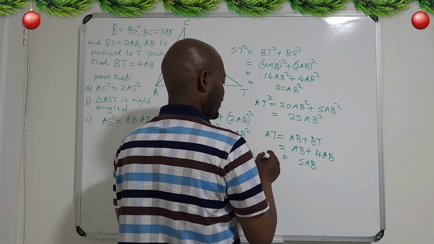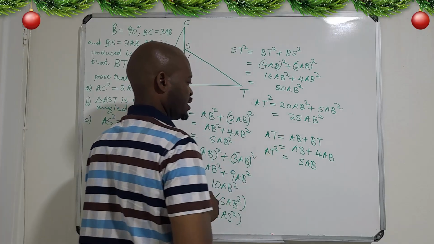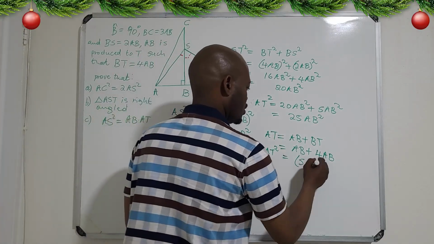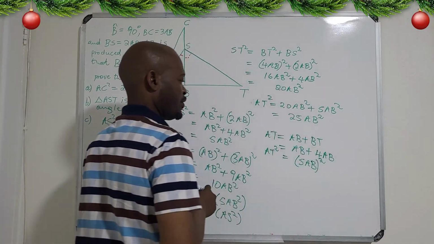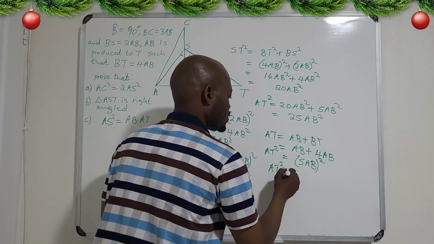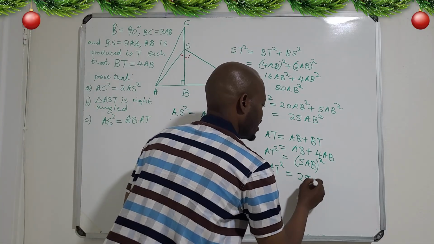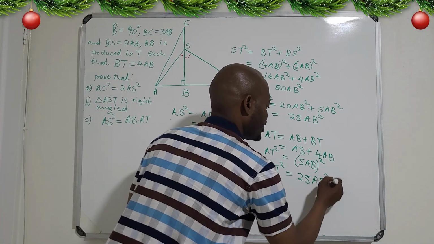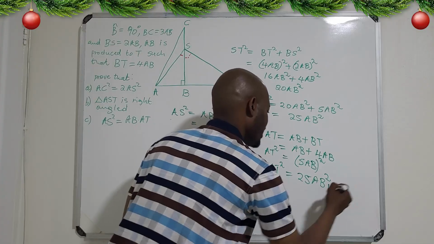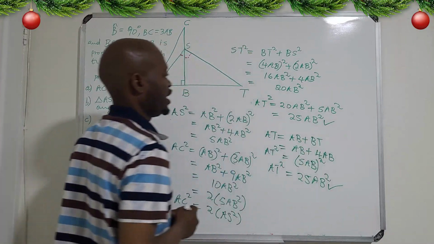Now, if I square that AT, I get AT squared equal to 25AB squared, which is equal to that there.